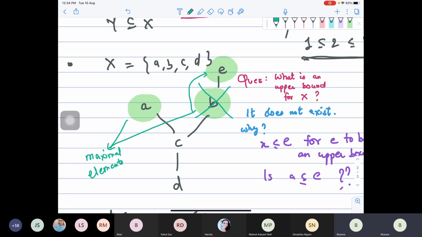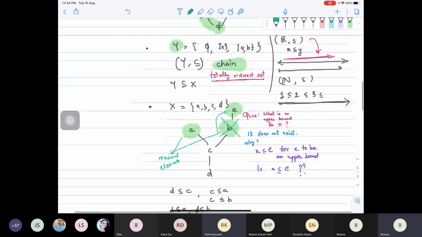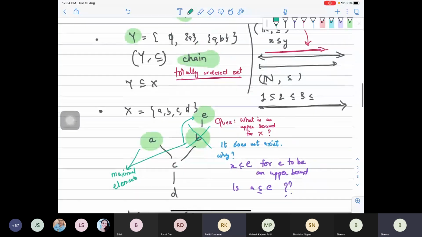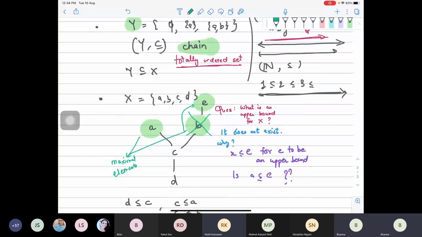Ma'am, what is the empty relation? If the set is empty, the empty relation is an equivalence relation, isn't it? The relation on A cross B is a cross product, and phi is also a subset of it, so the empty relation would exist. But the empty relation on any non-empty set is not even reflexive, so it is not an equivalence relation.